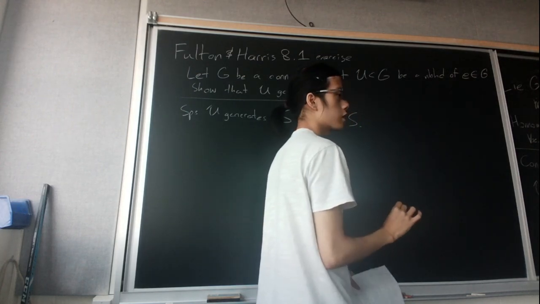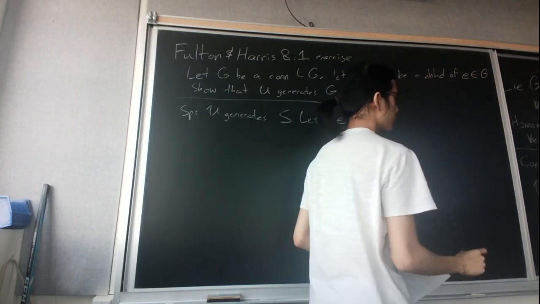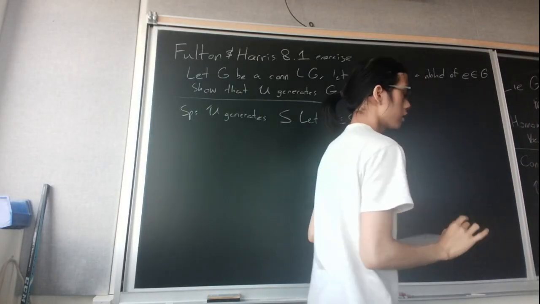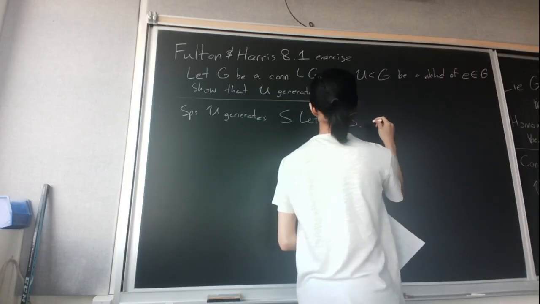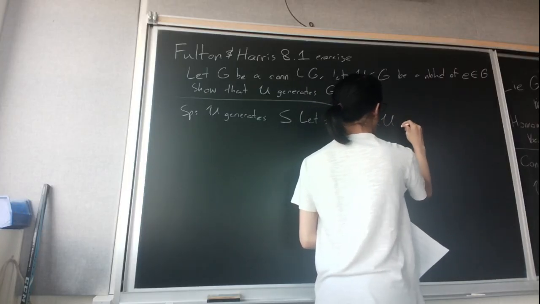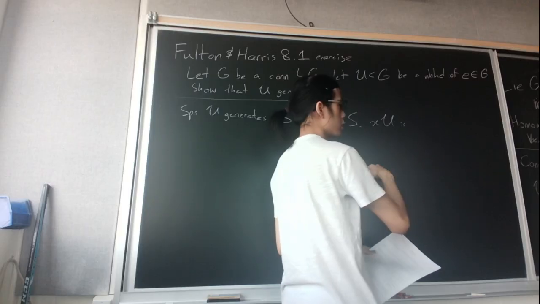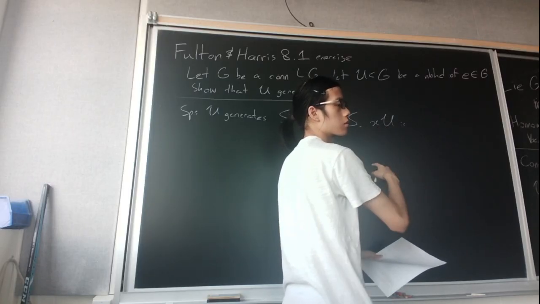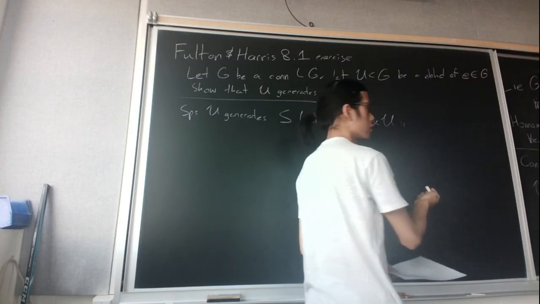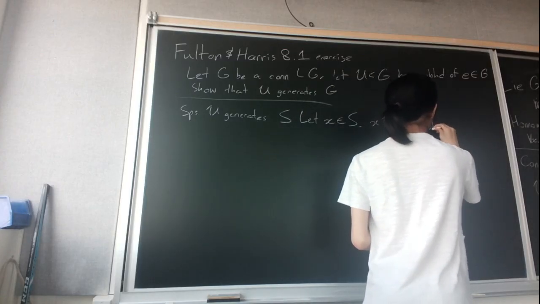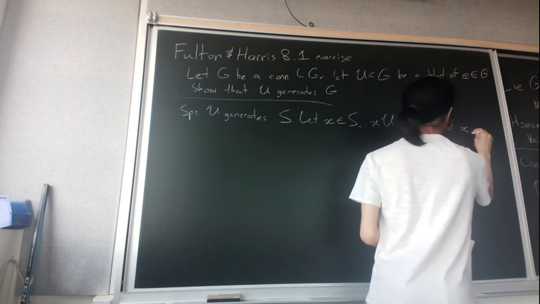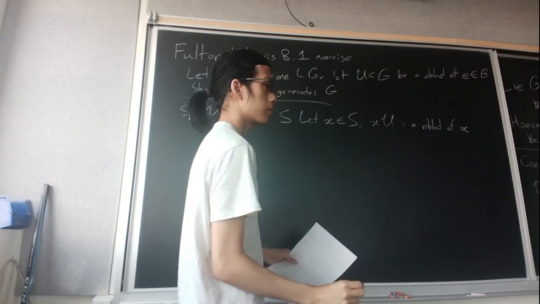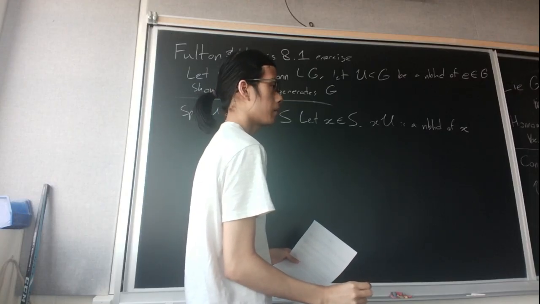Since group multiplication is differentiable, this is still going to be a neighborhood of this, because you take an open set to an open set here. X times U is still a neighborhood of X.